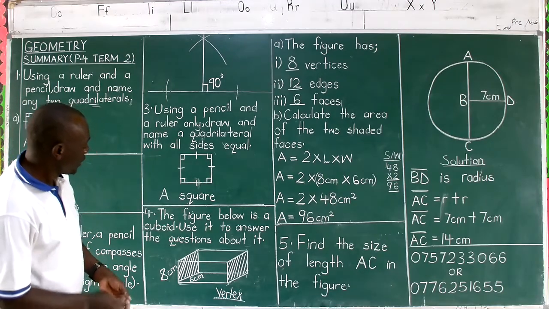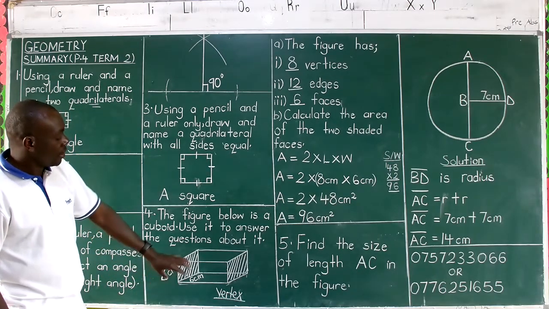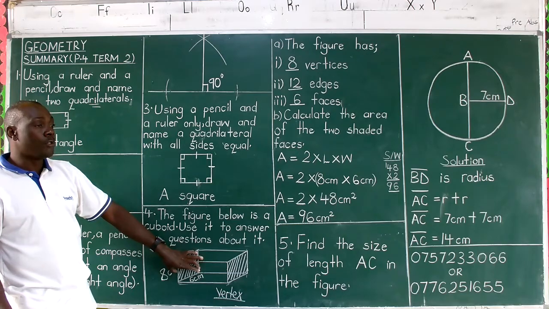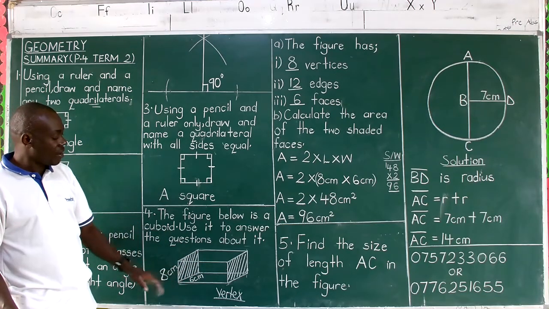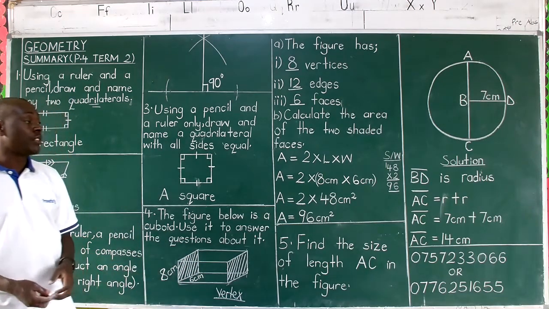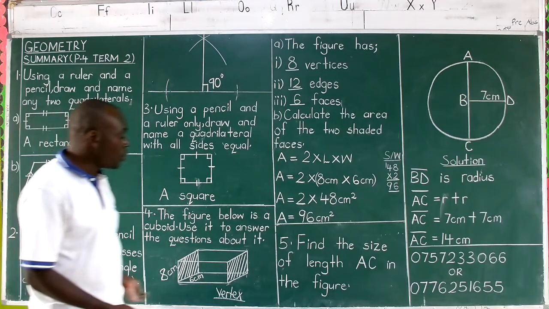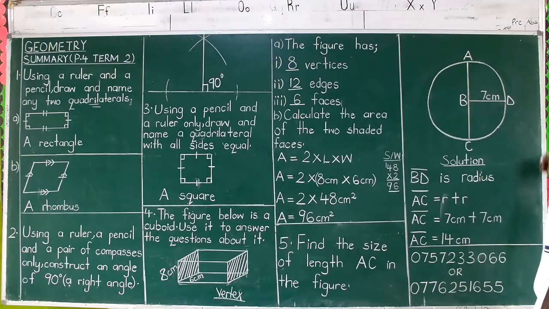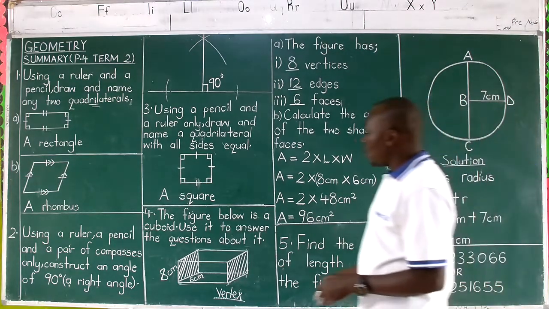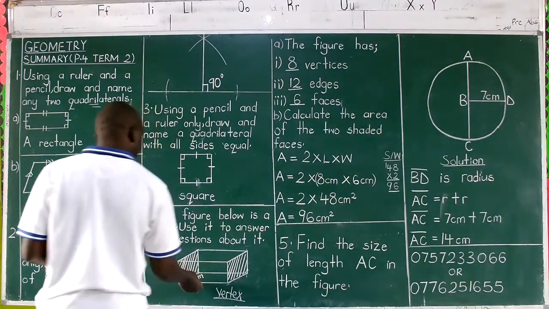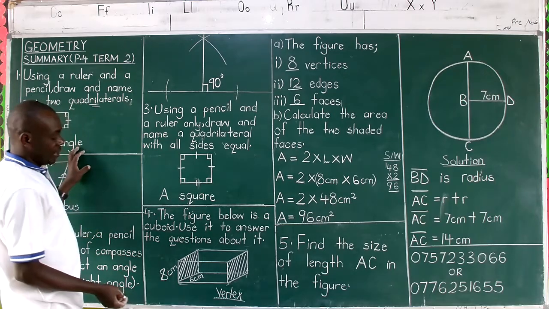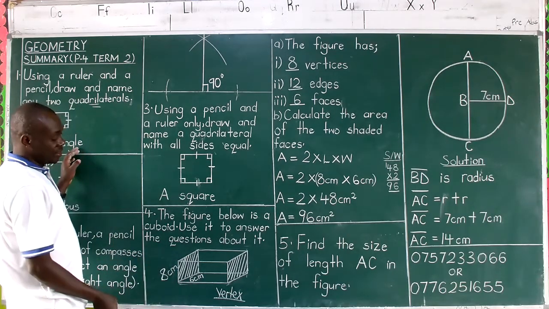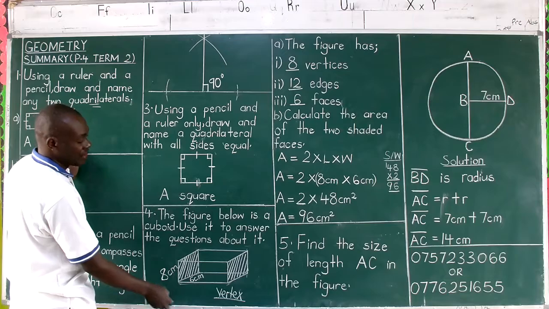If that's true, then we look at a single face, which is a rectangle. The longer side of a rectangle is called the length, and the shorter side is called the width. So 8 being longer than 6 is the length, and this is the width.